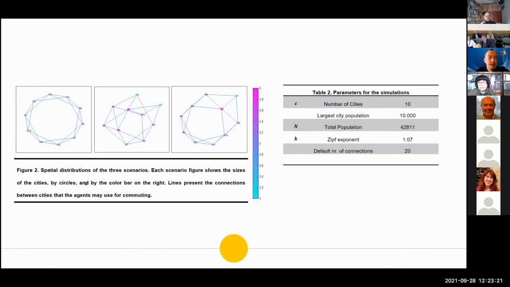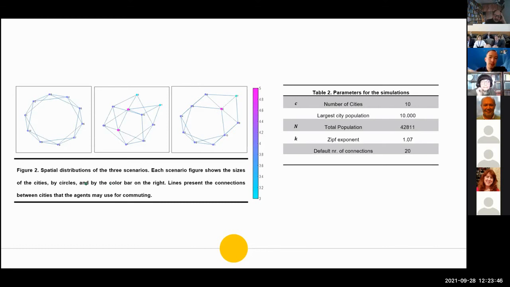So this is how the map looks. I took three different types of countries. You create a perfect country with 10 cities, where everything is perfectly connected. You have a broken-up country. And then you have a medium connected country.